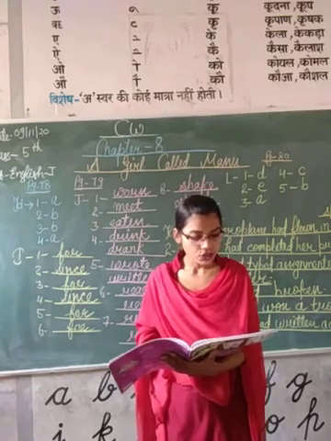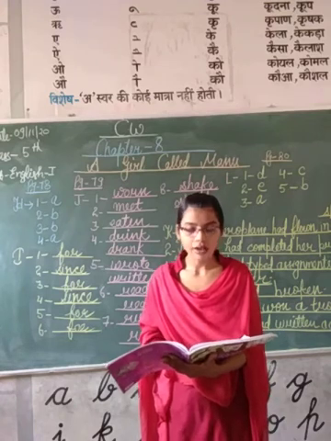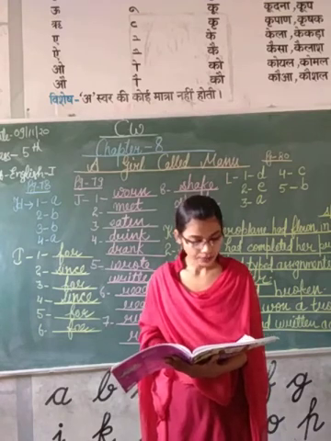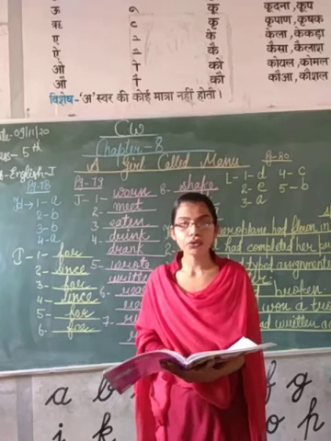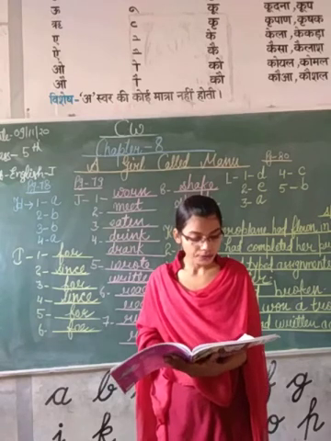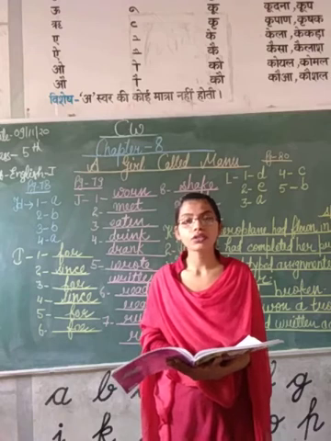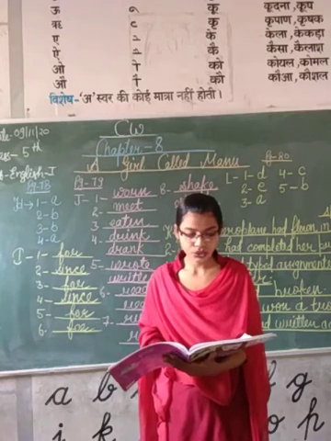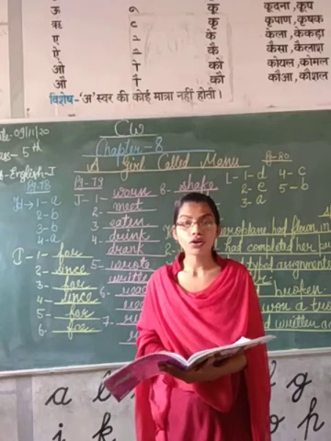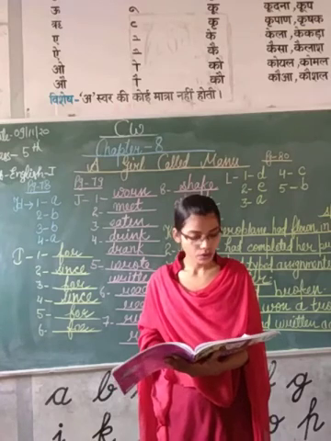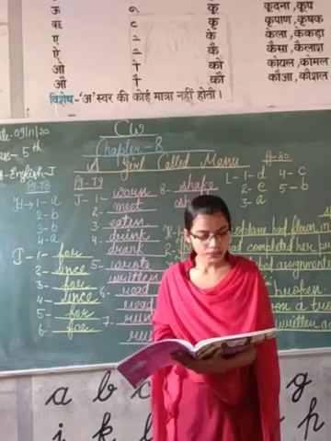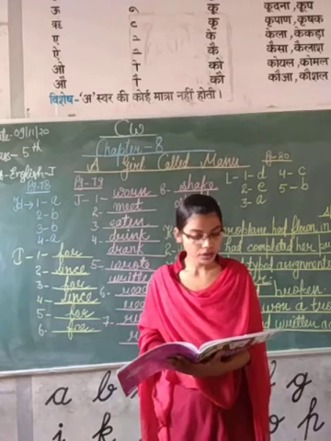Question number H, take the sentences that are in the past continuous tense. In this exercise, you have been given 4 questions, and in these 4 questions you have been given 2 options, and you have to tick only the past continuous tense. So in the first, you have been given 2 statements.